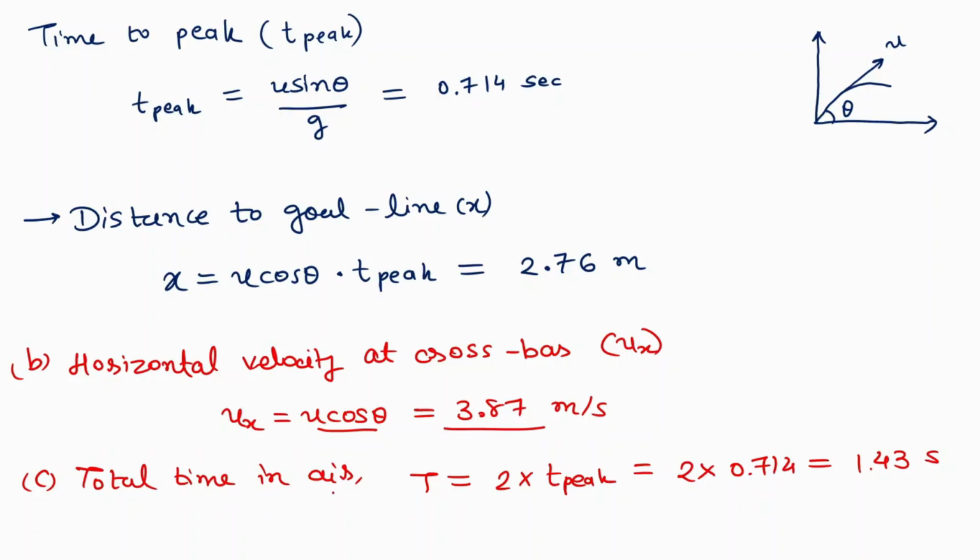The total time in the air is twice the peak time, because it requires the same time going from this position to this position. So we just multiply the peak time by two if we need the whole journey's time, and you get the answer 1.43 seconds.